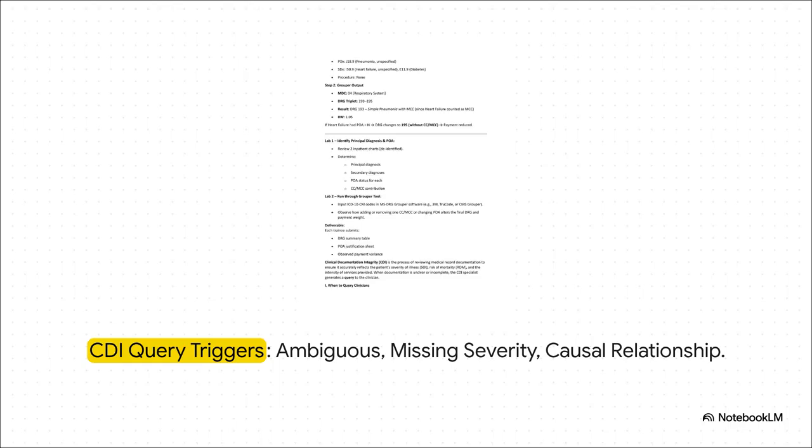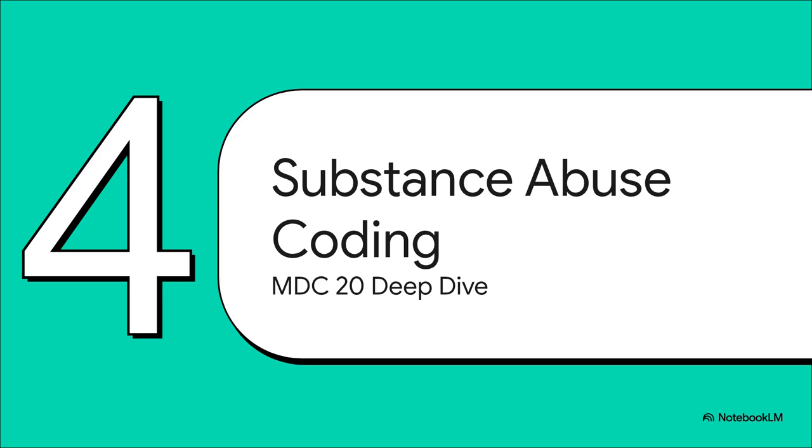In MDC 20, you have to formulate incredibly precise, non-leading queries to clarify if a patient simply has substance use, abuse, or actual dependence, because the ICD-10-CM hierarchy rules treat those very differently. You also need airtight queries to clinically validate that a patient truly requires an inpatient medical detoxification level of care versus just outpatient observation. Let's put this into practice.